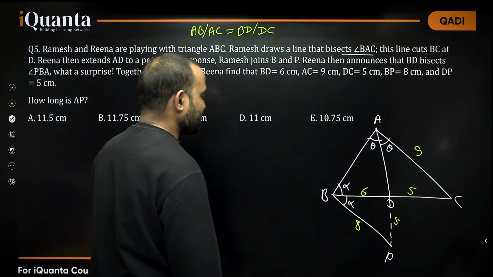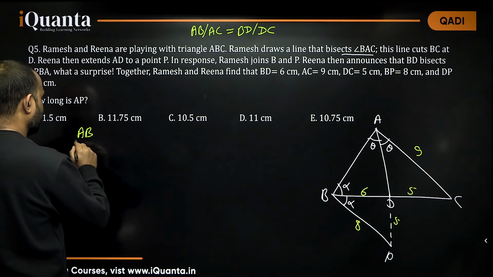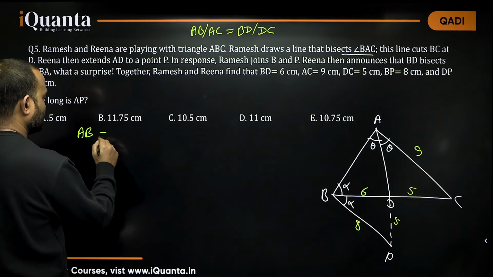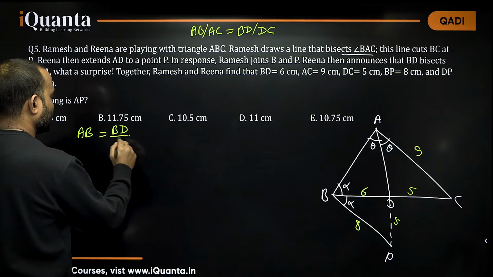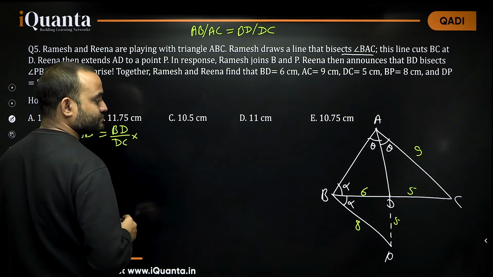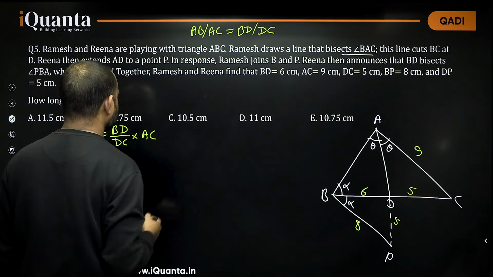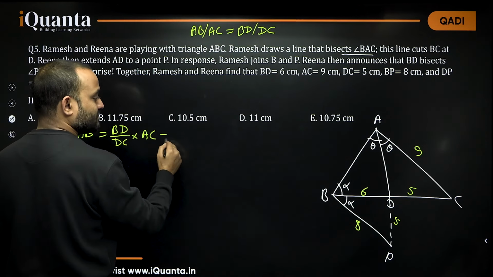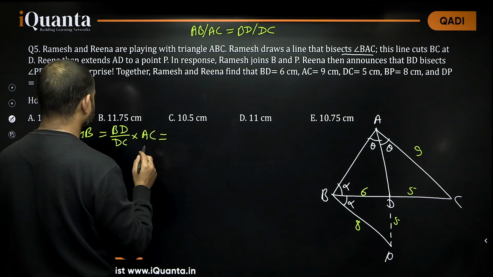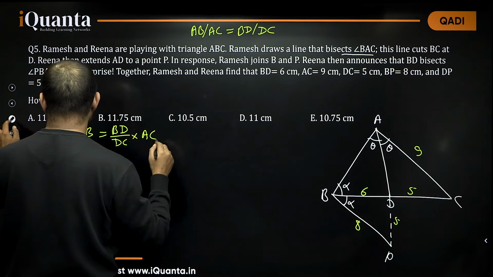Now, can I say that AB will be equal to BD upon DC into AC, right? Same thing. So what is BD? BD is given, or we can use this later as well.